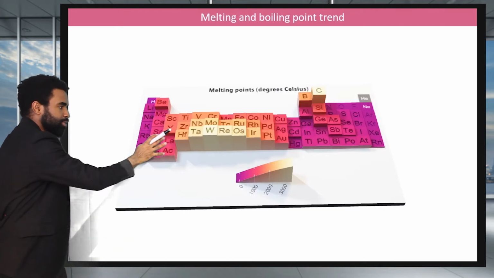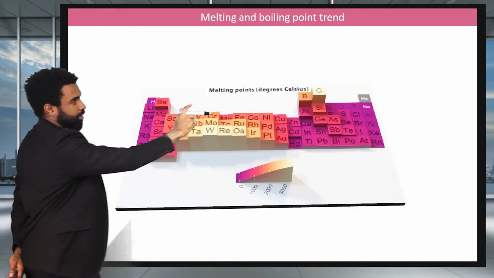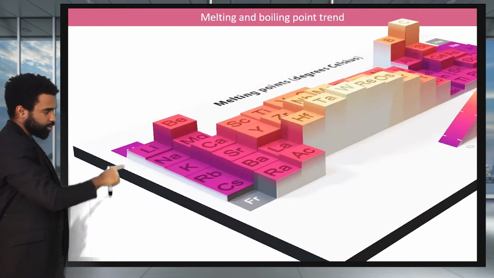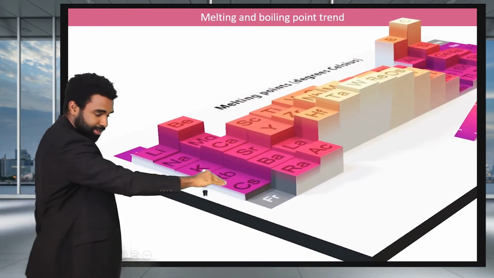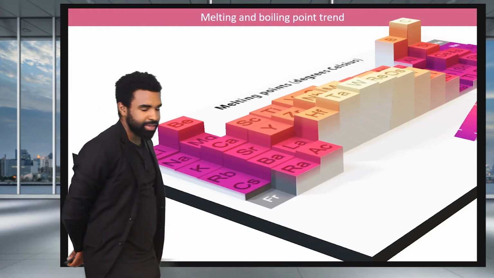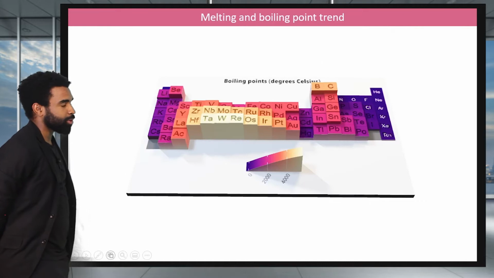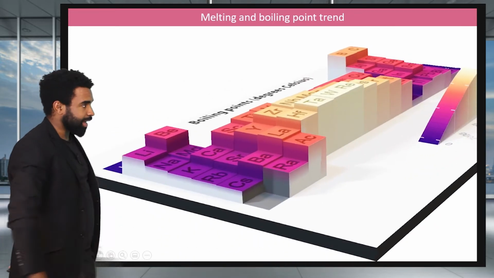Here is the 3D representation of this table, showing you the melting points in degrees Celsius of each of the elements. And if we zoom in on group 1, the alkali metals, we can see there is indeed a reduction in melting point as we go down the group. For boiling point, we see a similar thing, a reduction in boiling point as we go down the group.